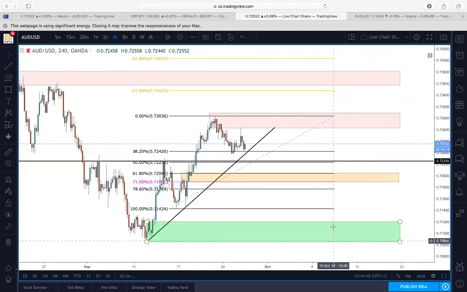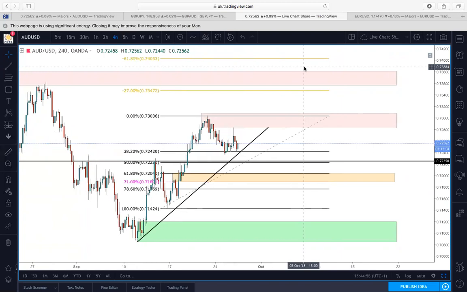Does anyone have any questions before I move on to the GBP JPY? No, Ditesh, the chart should be there for you to see. Can everyone see my chart? I just want to make sure everyone can see.